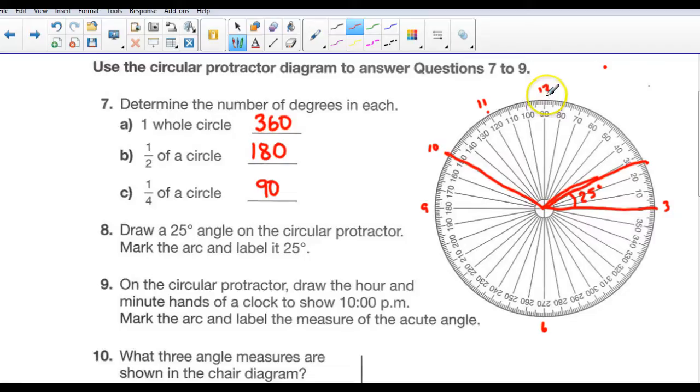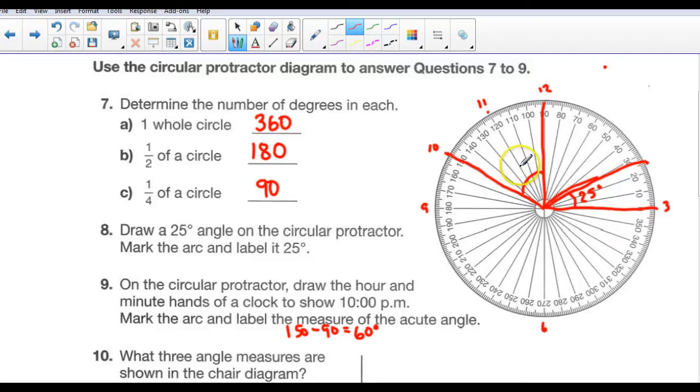It says mark the arc and label the measure of the acute angle. So we'll go from 12 o'clock down to 10 o'clock because that's what they're asking us to do. They're asking us to measure this angle in here. Well, 10 o'clock is 150 degrees, and 12 o'clock is 90. So if I take 150 degrees and subtract 90 degrees, that gives me an angle of 60 degrees.